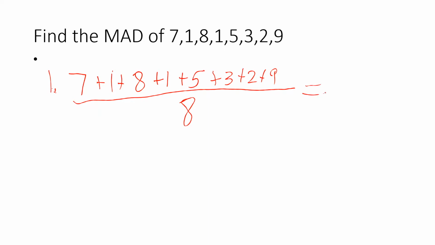So look at this. 7 plus 1 is 8. 8 plus 8 is 16. 16 plus 1 is 17. 17 plus 5 is 22. 22 plus 3 is 25. 25 plus 2 is 27, and then 27 plus 9 is going to give us 36.